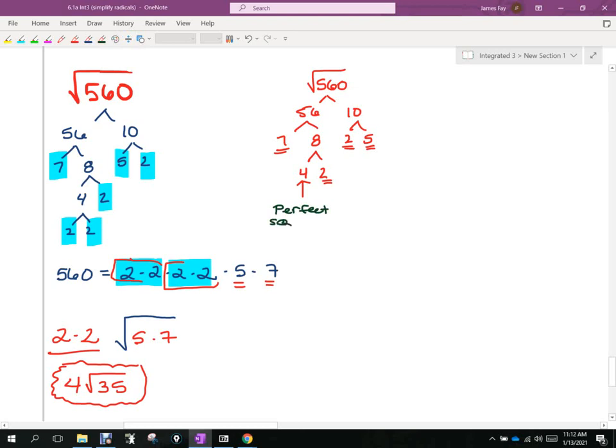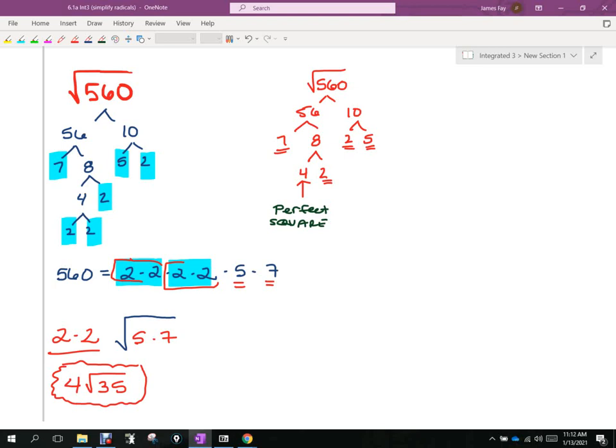So what we're trying to really do here, remember the overall goal, is to figure out what is the largest perfect square that divides into 560. 4 is not that number. 4 is not the biggest perfect square that divides, but it is a perfect square.